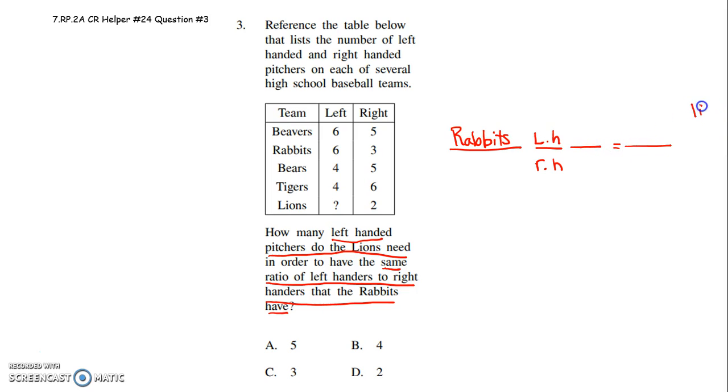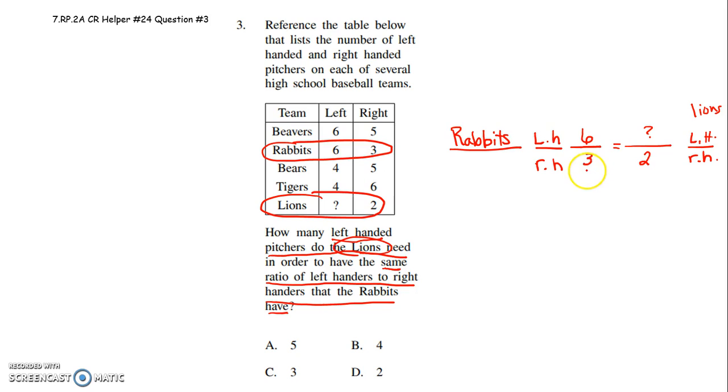Then on the other side, I'll do Lions, because they say, how many left-handed pitchers do the Lions need in order to have the same ratio as the Rabbits? So left-handed to right-handed. Okay. So I look at the Rabbits. Left-handed is 6, right-handed is 3. Then I look at the Lions. And I say, I don't know how many left-handed, but I know my right-handed is 2.